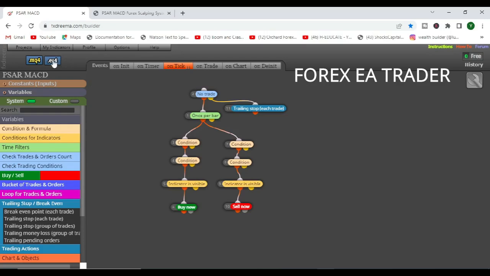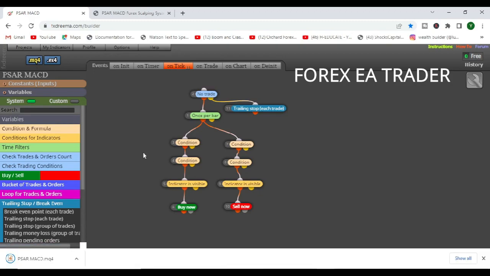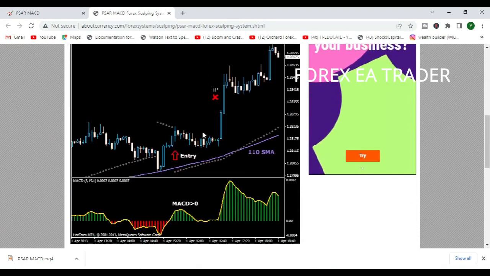Then basically you can download your robot as an executable file or as the source code, like that. So yeah, I hope this gives you an idea of what you need to do, and points you in the right direction if you are having a similar idea for a forex robot.